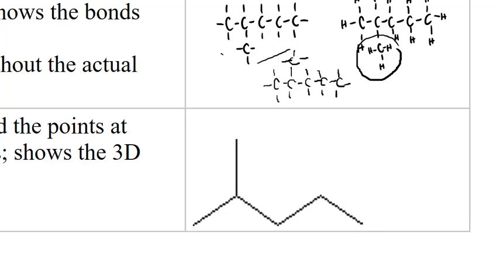So you can see at each point, there is a carbon atom, and then the hydrogens are assumed. So you can see that it's the same backbone that I drew before, where I've got 5 carbons in a row, and then I've got one branch with a carbon coming off of it. Now with this, the hydrogens are assumed, and you can also see that it's taking on this zigzag nature.